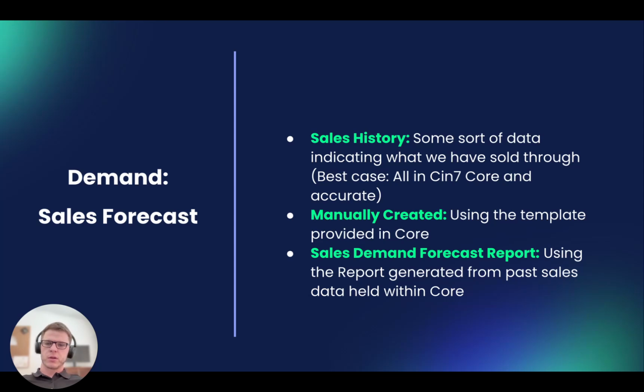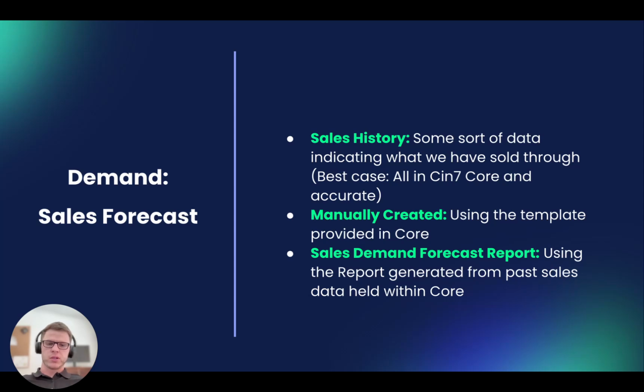But we have some historical sales data to back that up. And then we can manually create a sales demand forecast report using the template that is available in the MRP module, or we can use the sales demand forecast report that is built in Cin7 that takes the data that is currently in Cin7 and creates that report.